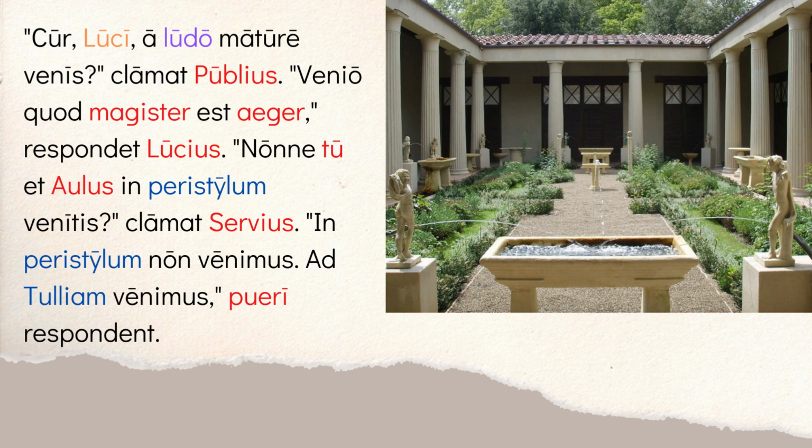We are not coming, non venimus, in peristylum, into the peristyle. Ad Tulliam venimus, pueri responderunt. So we are coming, venimus, to Tullia, ad Tulliam. Pueri responderunt. The boys respond. So the little boys are playing. They hear their older brothers coming back, and they say, hey, you're home from school. Why? Right? You get the answer, and they say, hey, are you going to come play with us in the peristyle? And the answer is no, right? They're not going to do that.